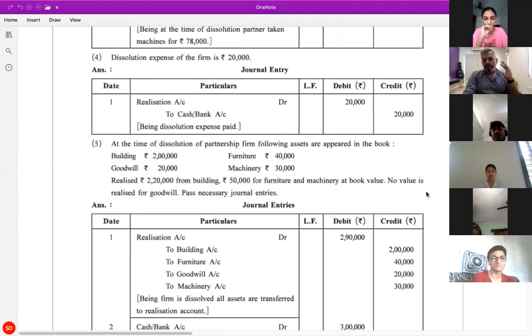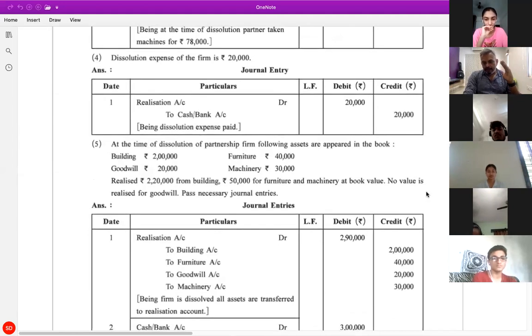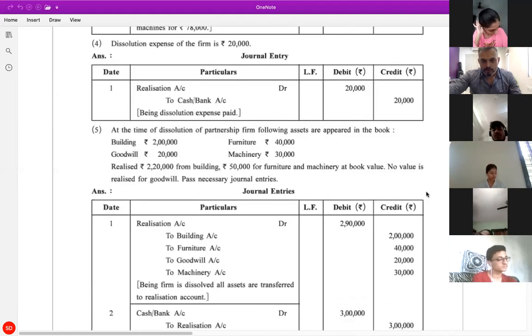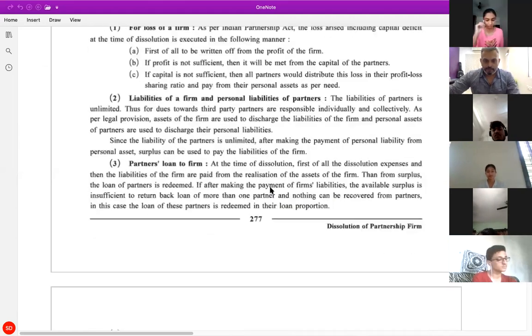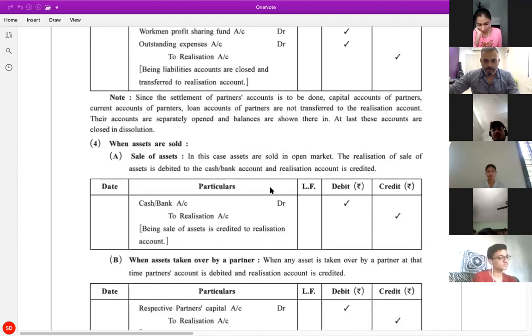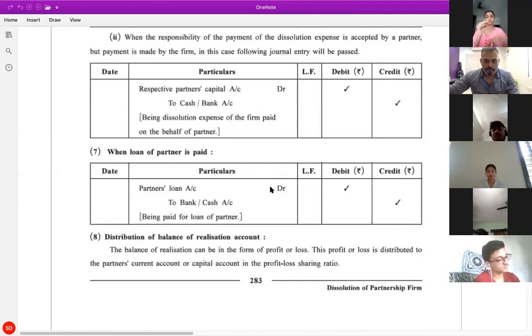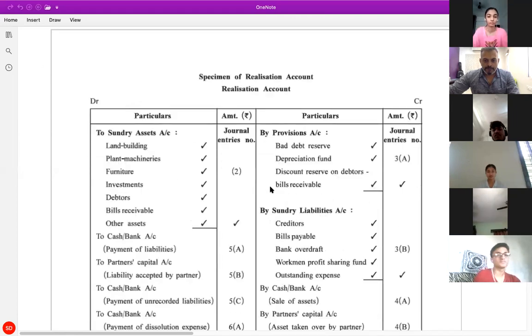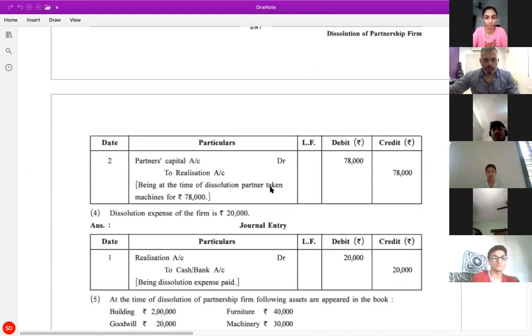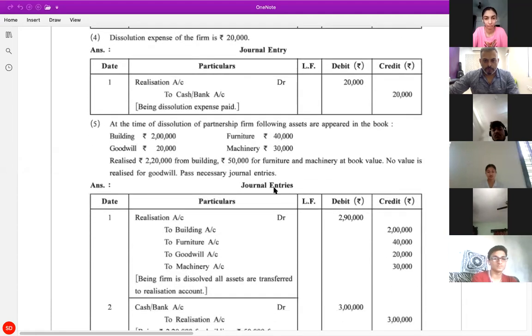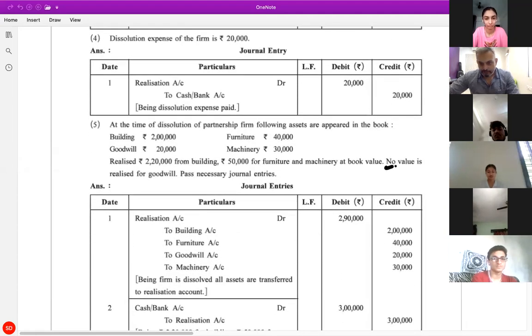Now, in the fifth one, the important point is you please underline: no value is realized for goodwill.